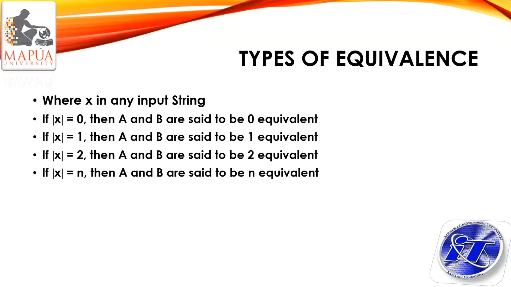Okay, and then if x is of length 1, then A and B are said to be 1 equivalent. Then x of length 2 means A and B are 2 equivalent, and so forth and so on. The examples of these types of equivalence will be further discussed in the next video lecture.